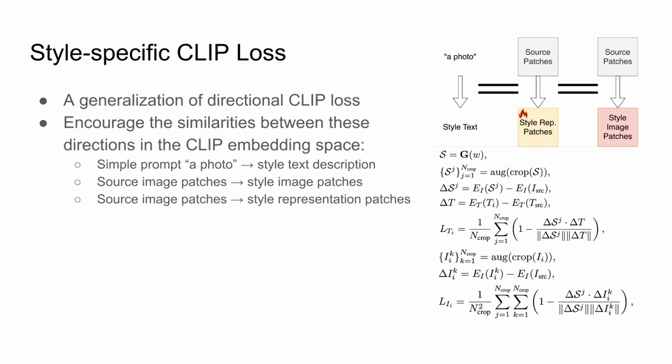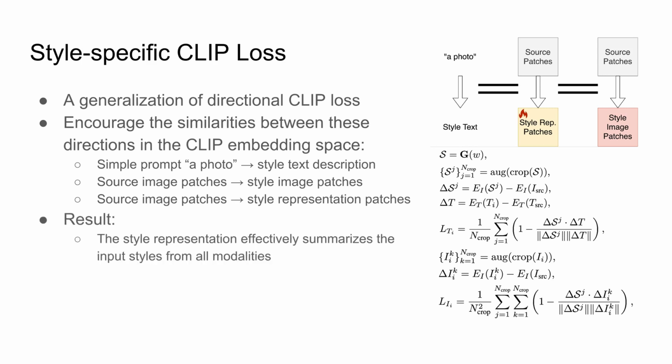Note that only the style representation patches are mutable during the cross-modal GAN inversion. This loss can help generate a style representation that effectively summarizes the input styles from all modalities.